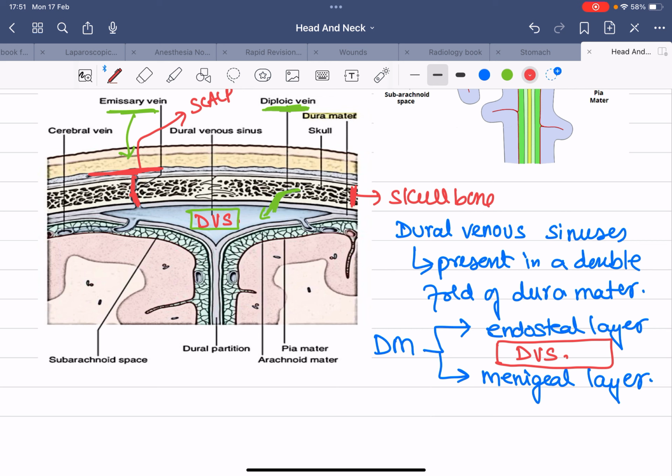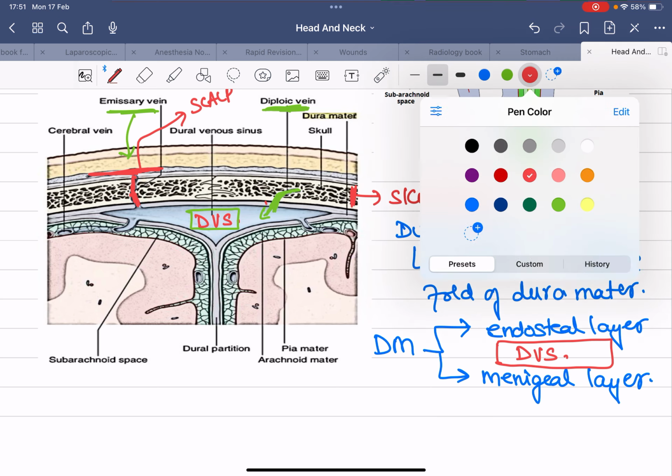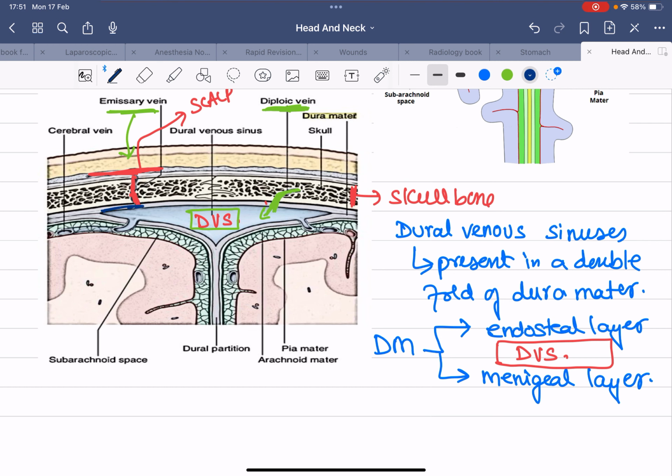So in this picture, see here all students, I will change the color so it will be easy for all of you. So this dark layer, think of it as your endosteal layer. So this is the endosteal layer of the dura mater.